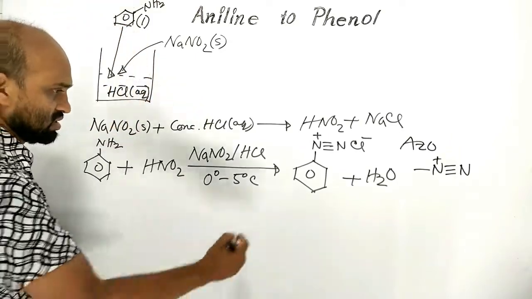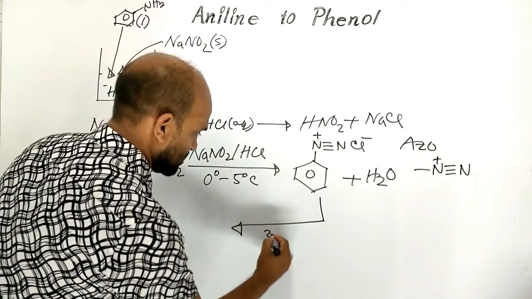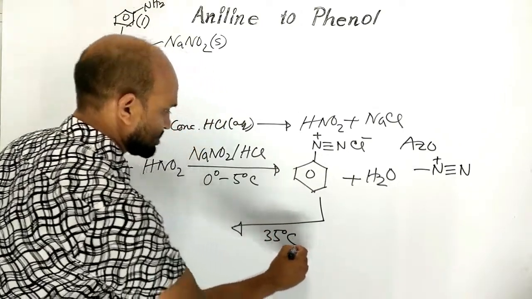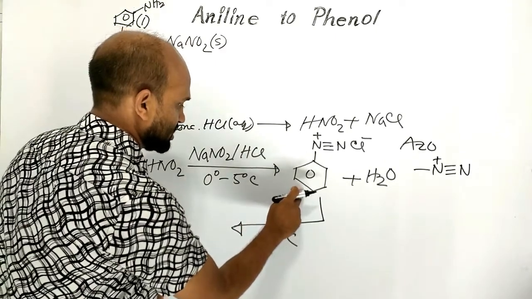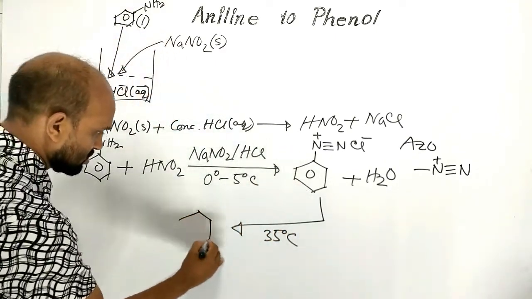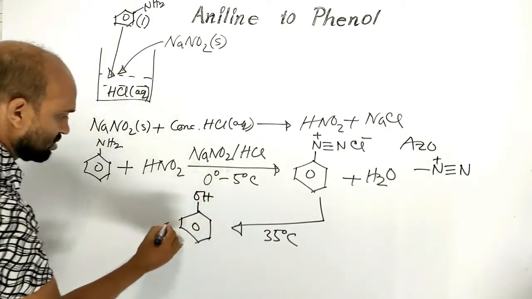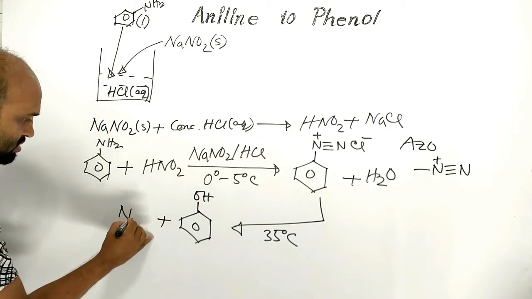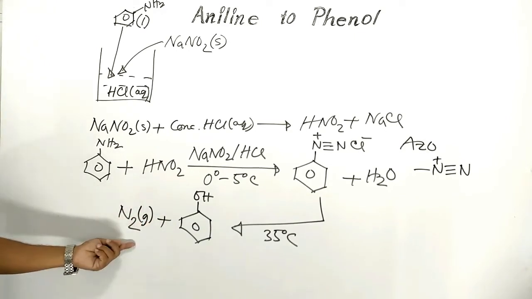When this mixture is heated at 35 degrees Celsius temperature, then benzene diazonium chloride breaks to phenol and nitrogen gas.